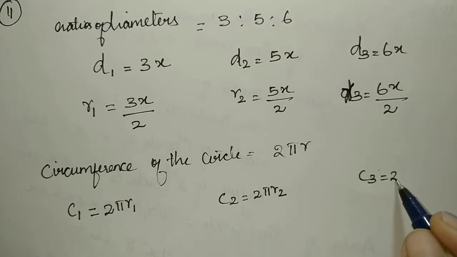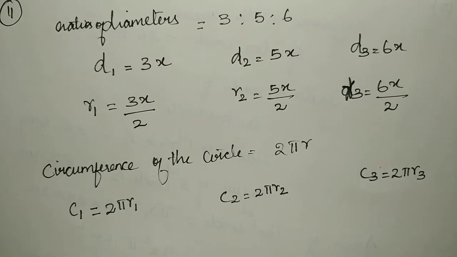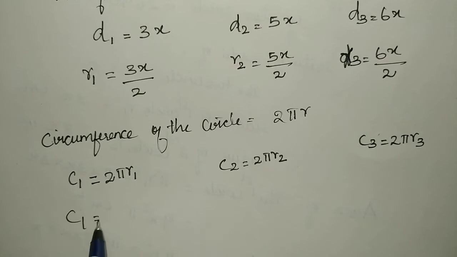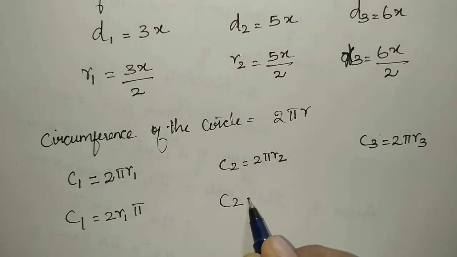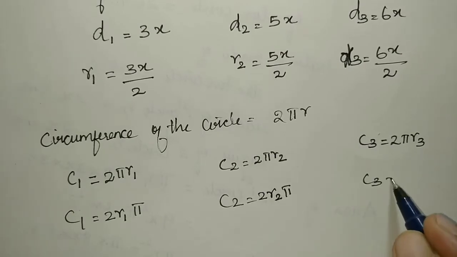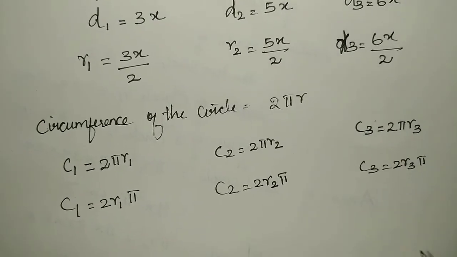C3 is equal to 2 pi r3. Rearranging, C1 is equal to 2 r1 pi, C2 is equal to 2 r2 pi, C3 is equal to 2 r3 pi. I didn't do anything, I am just rearranging.